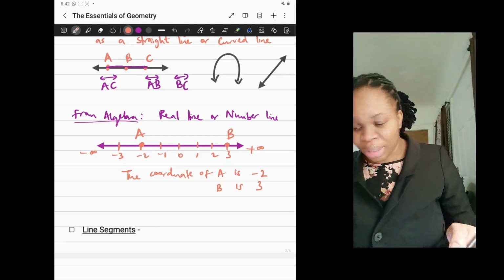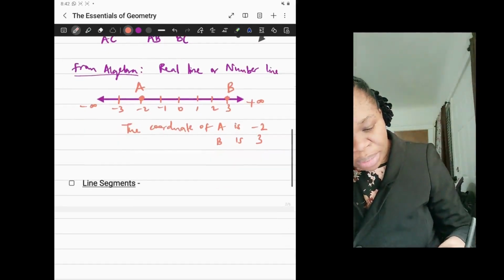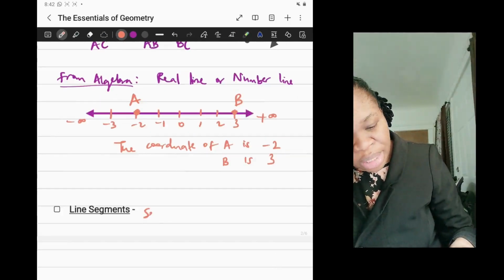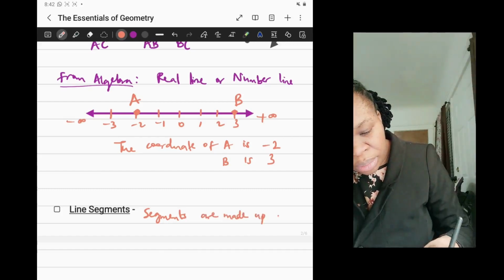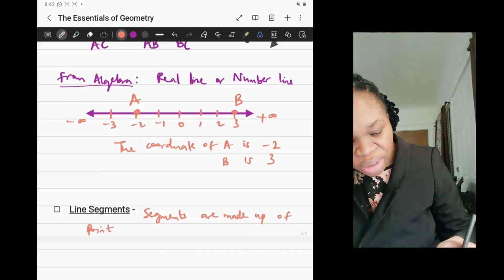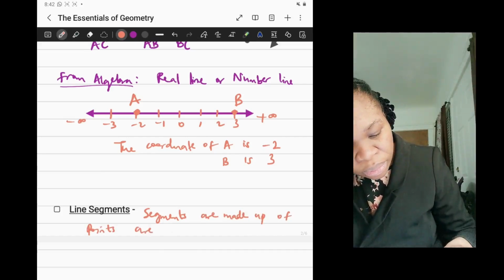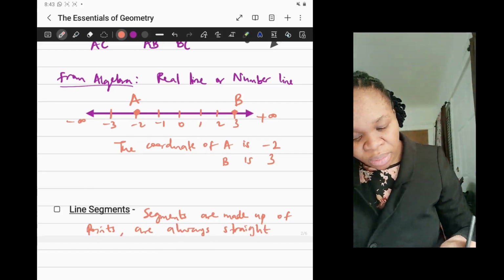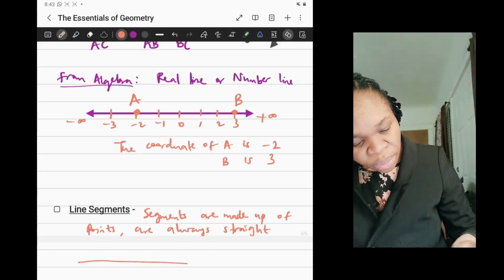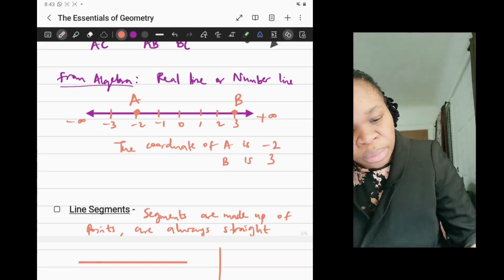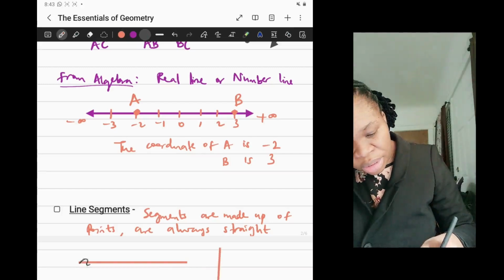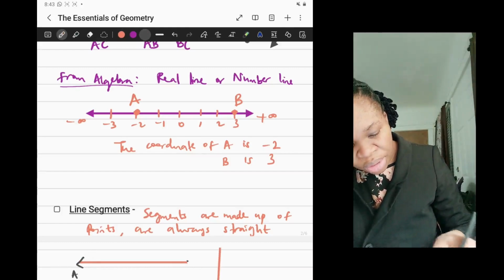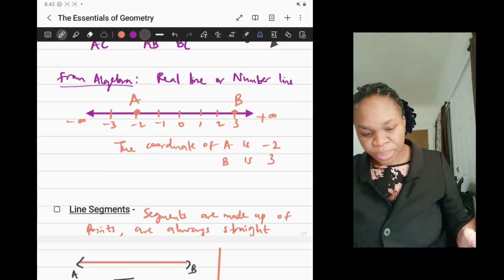Let's talk about line segments. Segments are made up of points, and they are always straight. For example, we have this line, we can also have this line. So I can call this A, call this B, so I will have line AB.